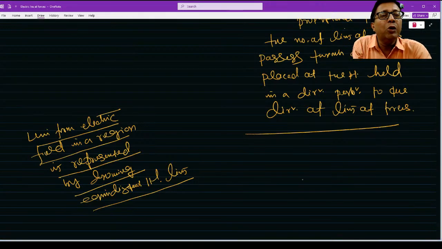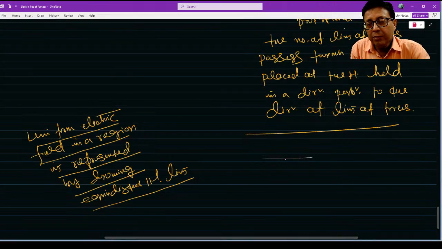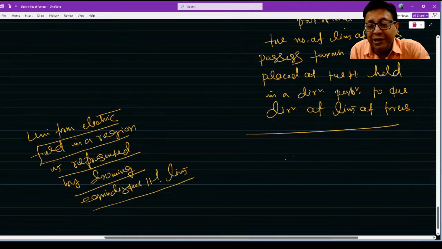So, if you draw parallel lines in this manner, I am taking along this direction.